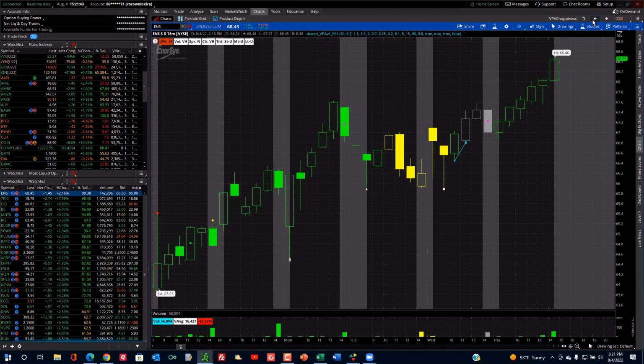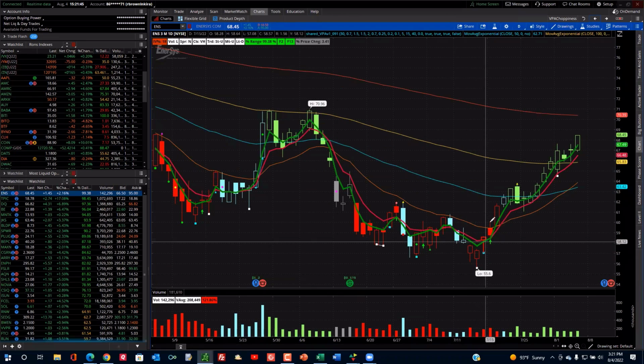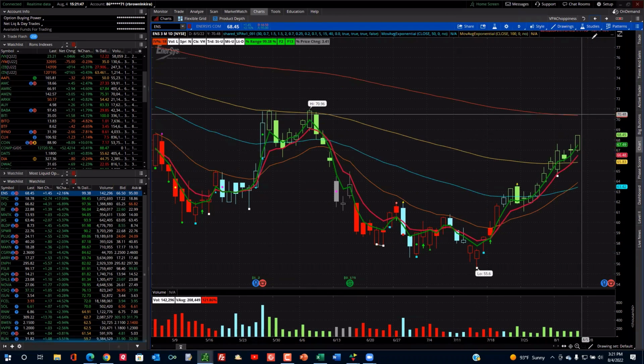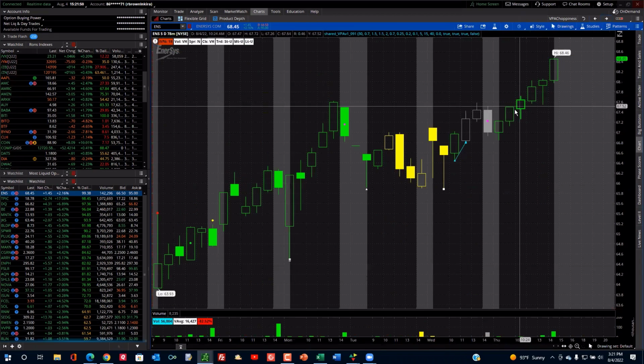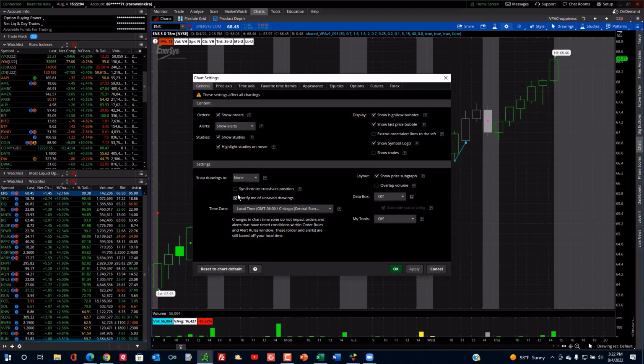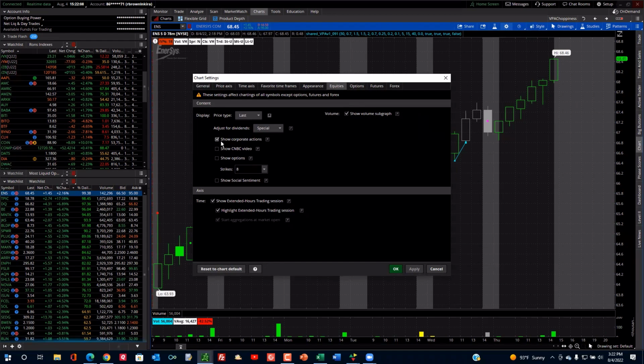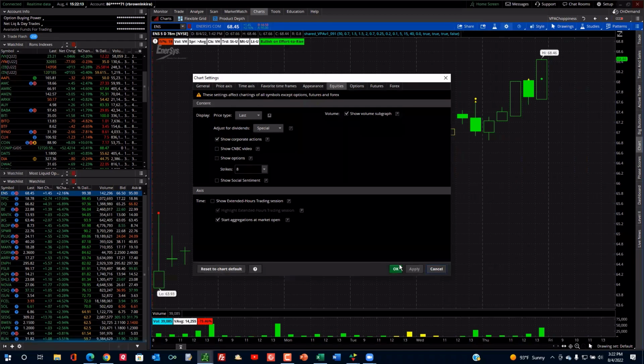And then if I look at a daily chart here and it's starting to move up, I want to see how much support and what happens on each of these candles. Let me get rid of the extended hours trading under equities.